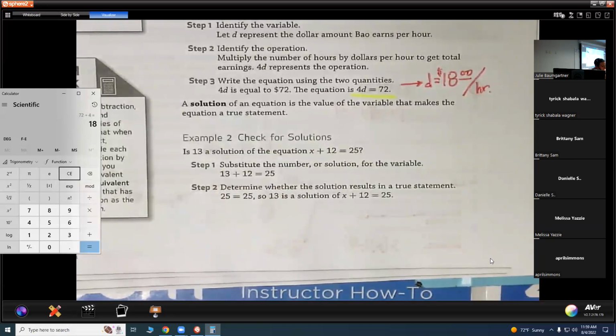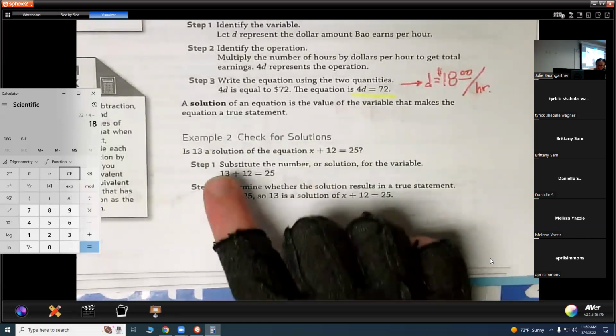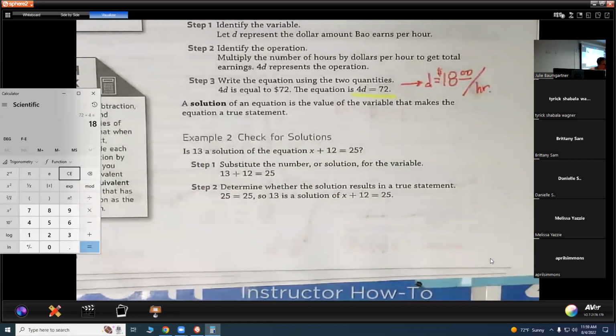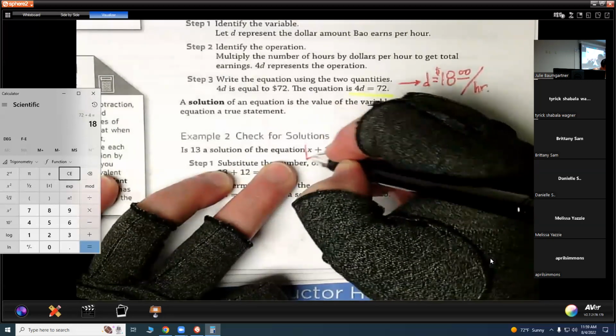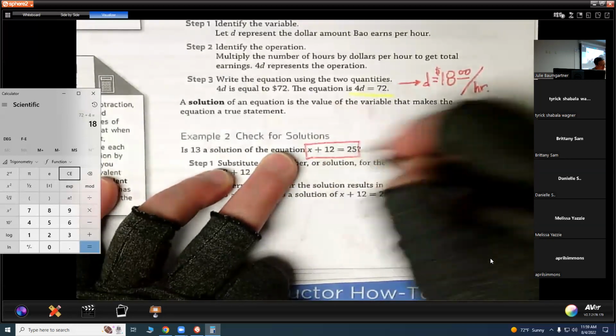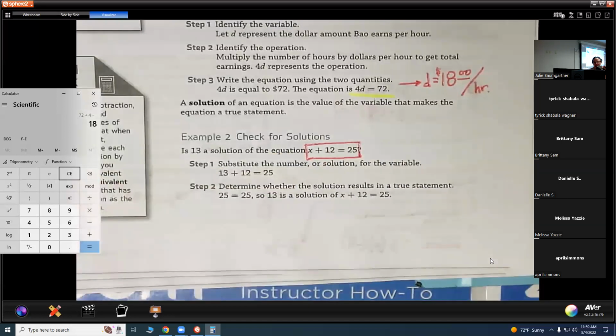So x is equal to 13. How do you get 13? Well, here they just asked us to substitute, but what we would do, if this is our equation, is subtract 12 from both sides. So 25 minus 12 is 13. Yep, you got it.